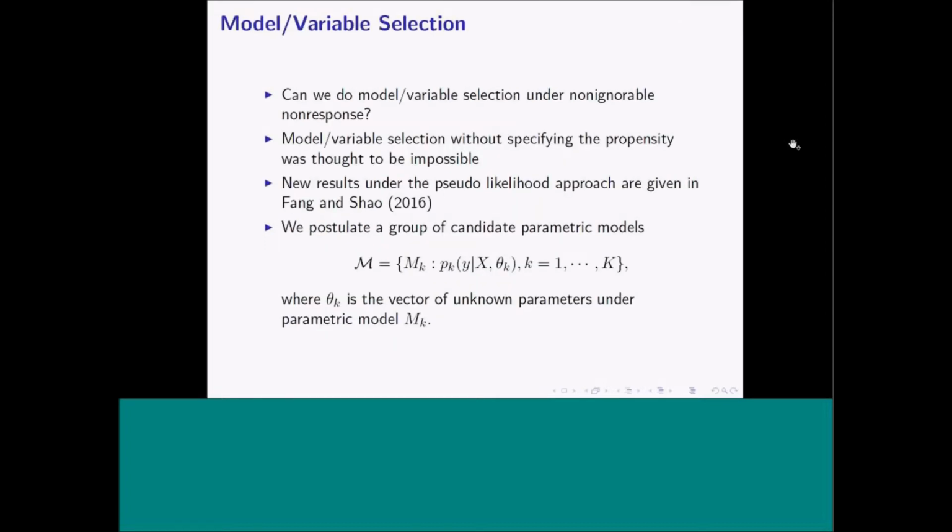But I wanted to briefly talk about model selection and variable selection. Similar to the previous problem, the existing work all assumed the instrument Z is known, so how do we actually select a Z? This time is a little different from the previous work, because previously there was an assumption for the propensity, and right away we got some identities which helped us find out which X is useful or not.